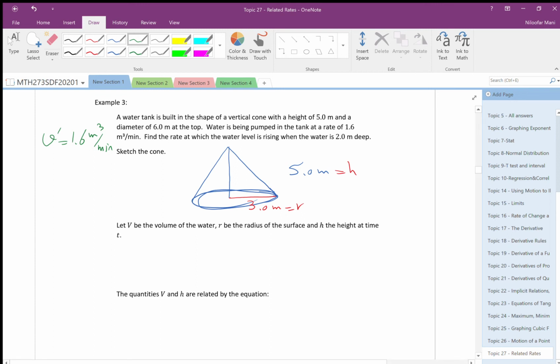It says find the rate it's rising, so they want h prime. What is h prime when h is this? But here I have r as well. What should I do here?